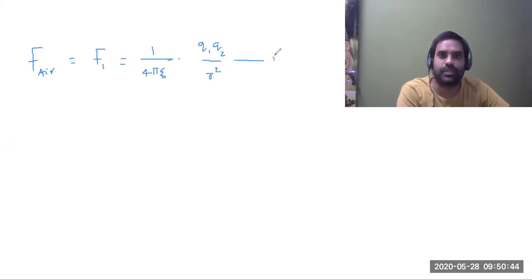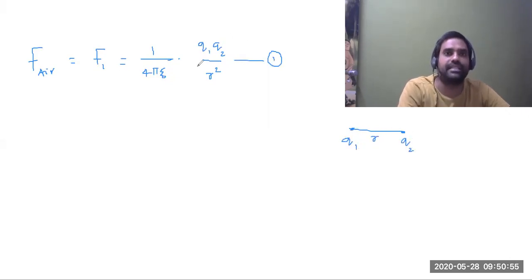Take this as the first equation. Here the two charges are separated by some distance R. Therefore, F1 can be written as 1 by 4 pi epsilon naught Q1 Q2 by R squared.